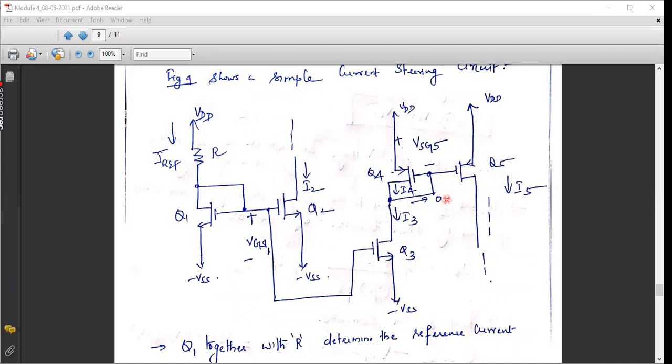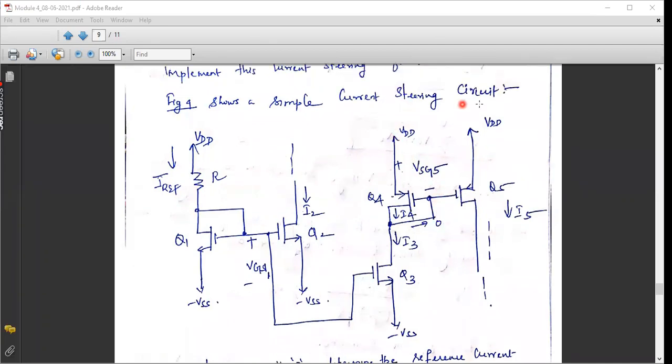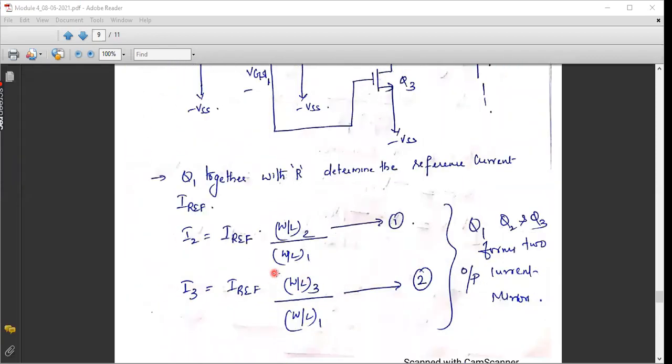So likewise, we can construct current steering circuits by making use of PMOS and NMOS devices. Whatever current you require, suppose I need I2 in one stage, in another stage I need I3, in another stage I need I5 of different magnitudes. Accordingly, we can take our output transistors Q2, Q3, Q5, etc., maintain their aspect ratios, and find the output current in terms of the reference current.